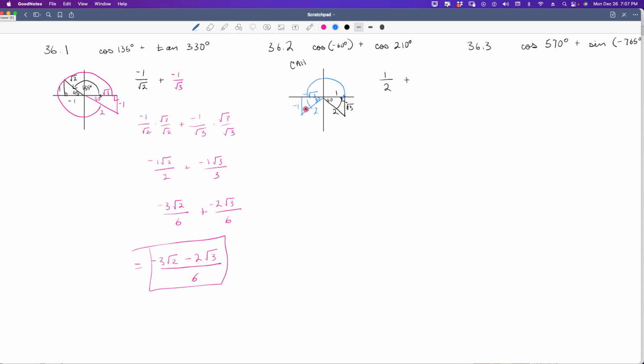It's the hypotenuse, not the adjacent or the opposite. So adjacent over the hypotenuse. So that's going to be a negative square root of 3 over 2. And because both of these are the same denominator, I can just say 1 minus the square root of 3 over 2. And I'm done with that one. That is the answer.